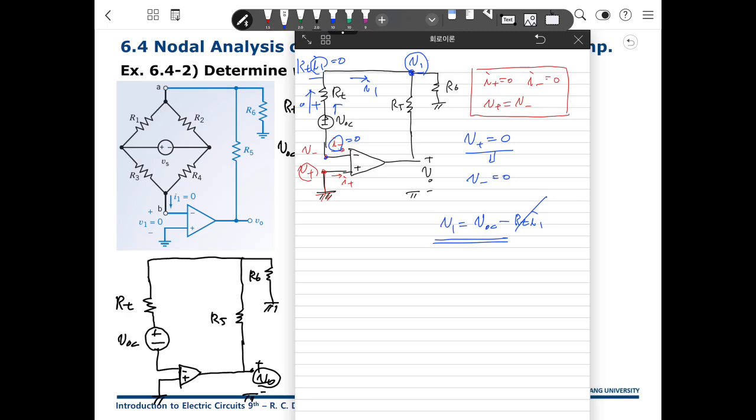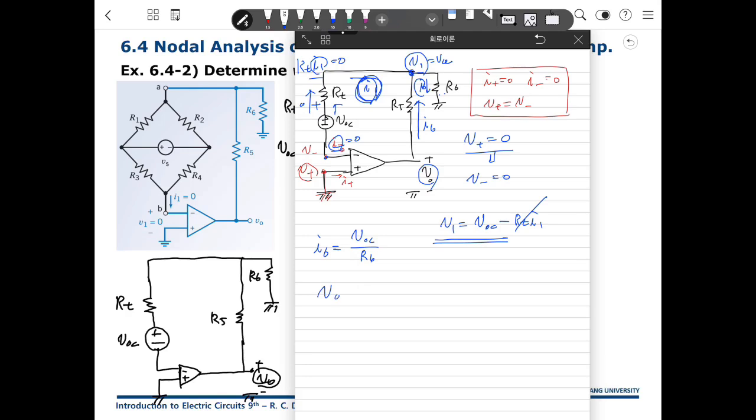Then, because this is VOC, the current is I6. I6 is VOC divided by R6. I1 is 0 because this current is 0. So that means I6 flows in this direction. So this current is I6.